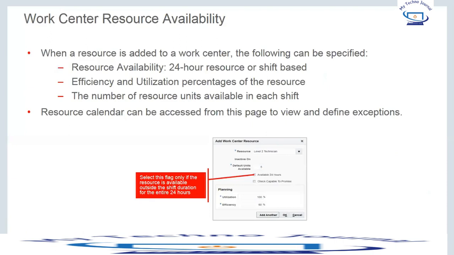You also have utilization and efficiency. The utilization and efficiency percentages by default will be 100, and these can be changed. As per the process sheets, if you have values for utilization and efficiency, you can key in those values, and accordingly you will see the duration required change.